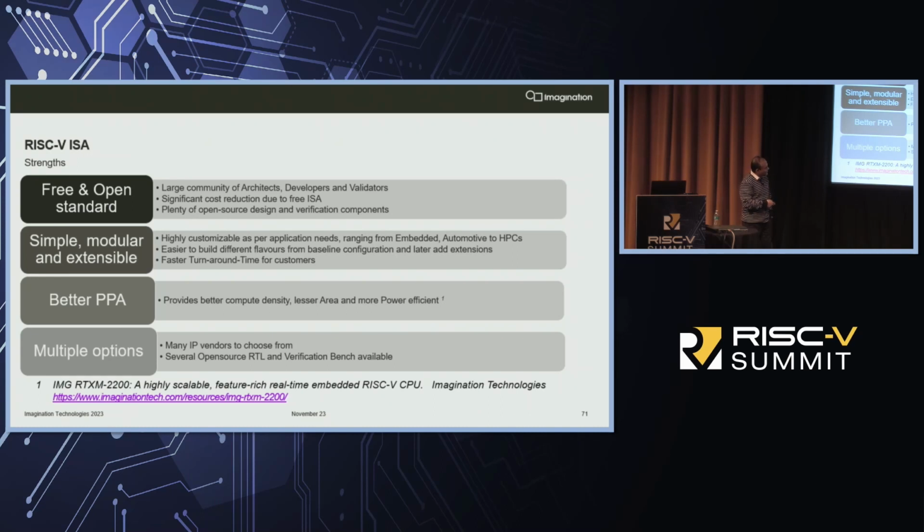For further details, you can refer to the link available here, or you can catch up with us to understand how we are getting a better PPA with the RISC-V ISA. The other benefit is the multiple options that the OEMs and tier ones would get. There are a lot of IP vendors for RISC-V, and many open source resources available which can be leveraged. So these are the key strengths of why we have to go for the RISC-V ISA.